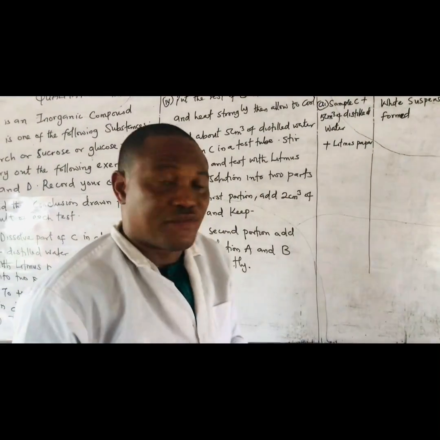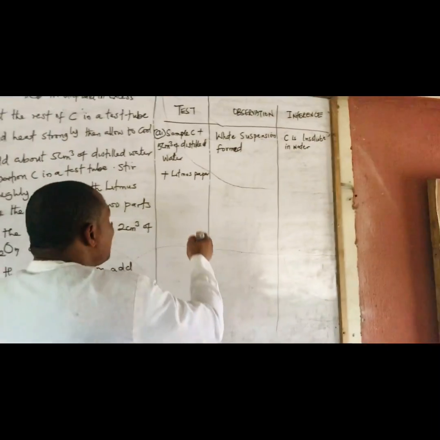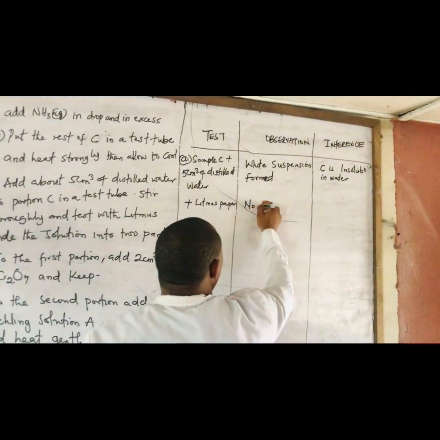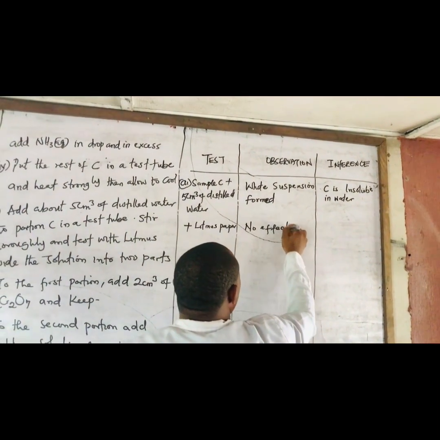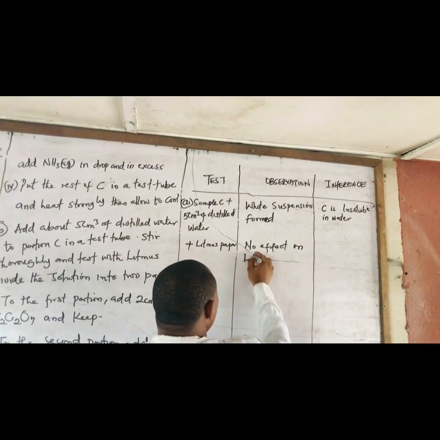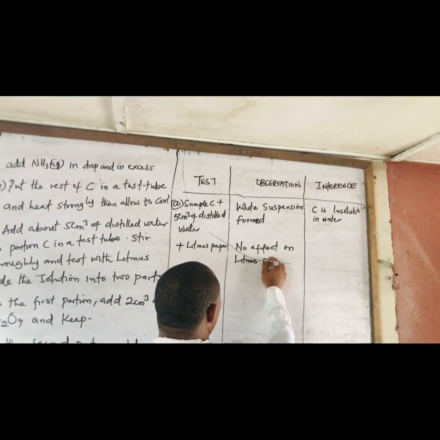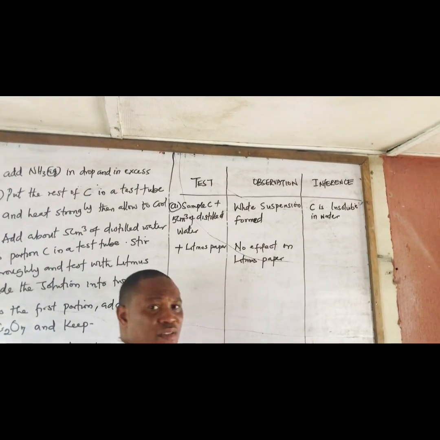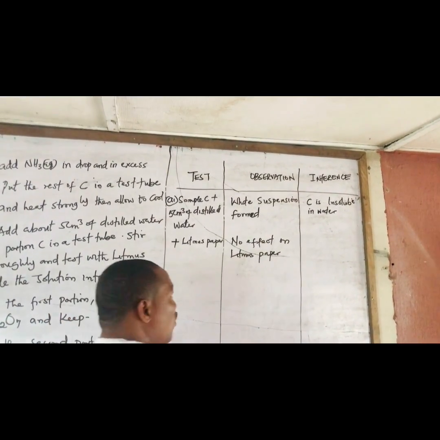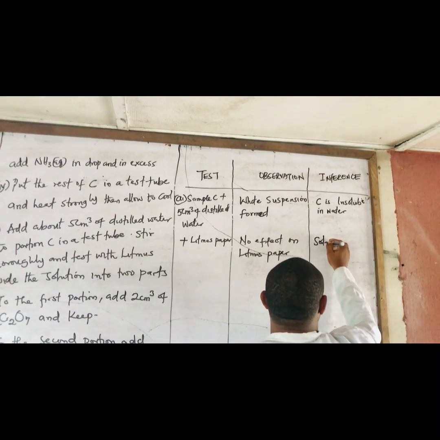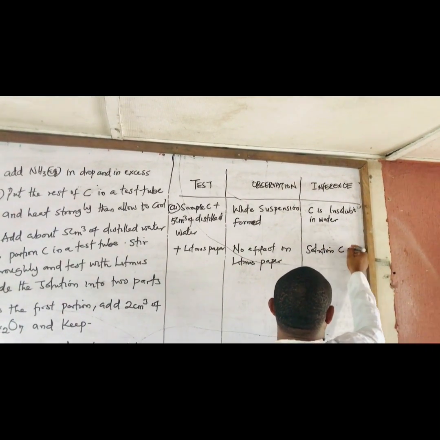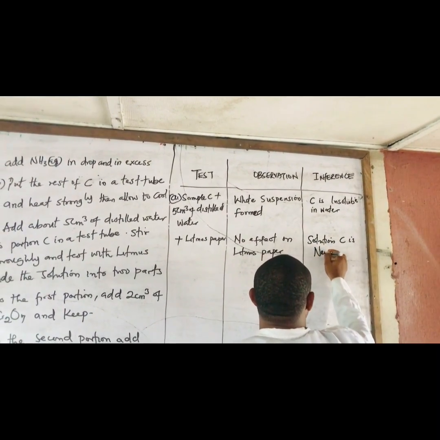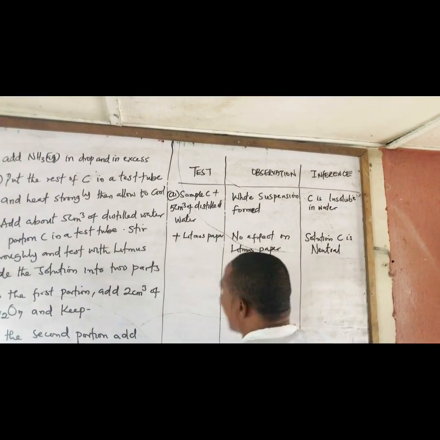So what's the meaning of that? Plus litmus paper, what's the meaning? No effect on litmus paper. So what is my inference? If it's not basic, it's not acidic. So I can say solution C is neutral. I hope this is clear.